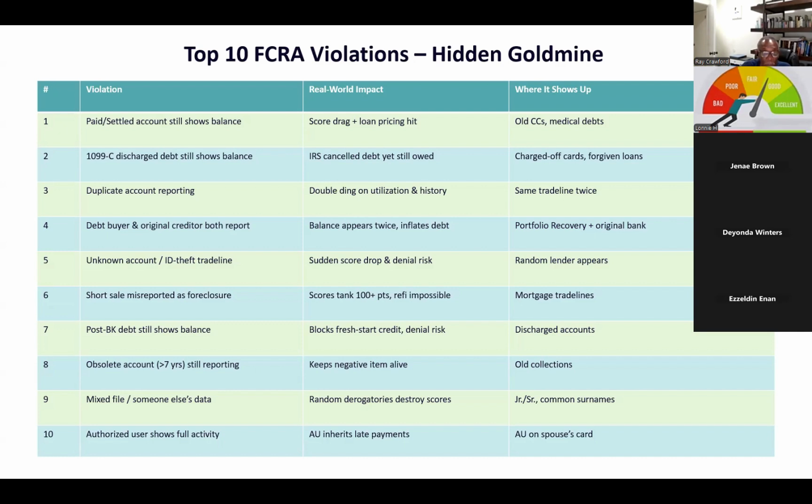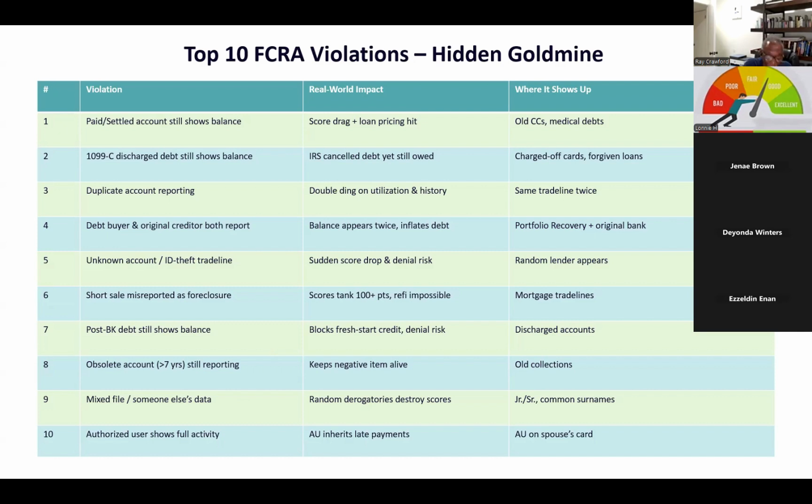And the authorized user is pretty much what I just said. You're an authorized user on your spouse's card and they made late payments. Now it looks like you have late payments, and it should not be showing up because only your own activity should show up on your credit report.